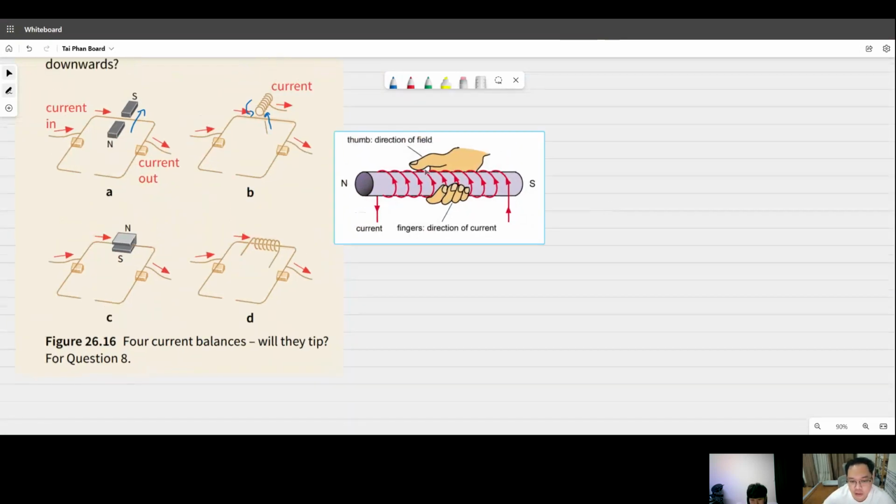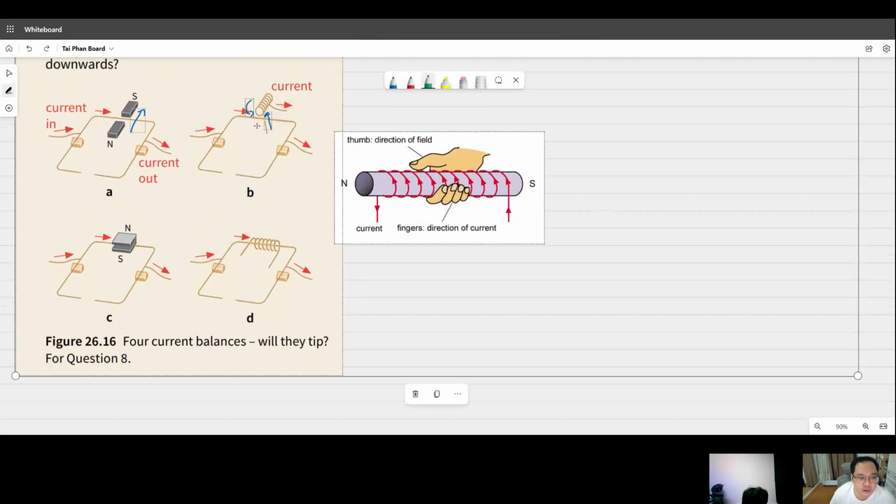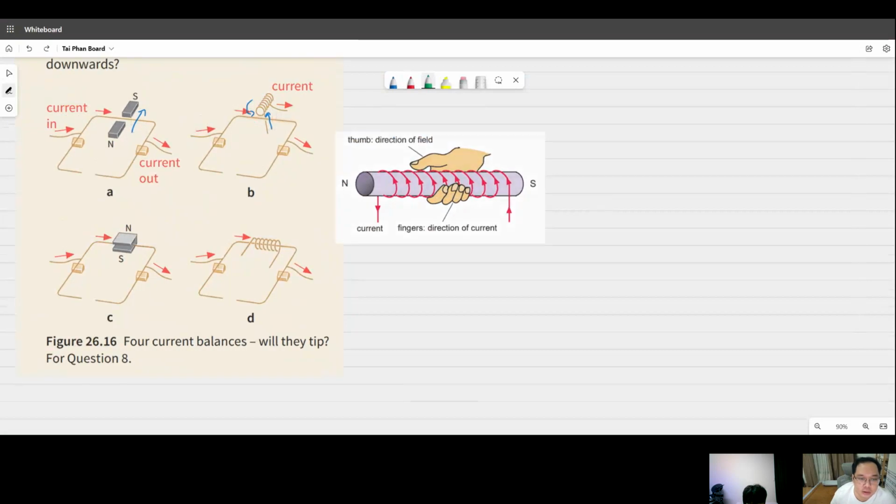Wrap your fingers around the solenoid, like holding it. The curve of the fingers is in the direction of the current. So the field is like this. The current points toward my face, so the field generated by this solenoid has the direction like this. This side is the North Pole, this side the South Pole. The field goes out to the north.